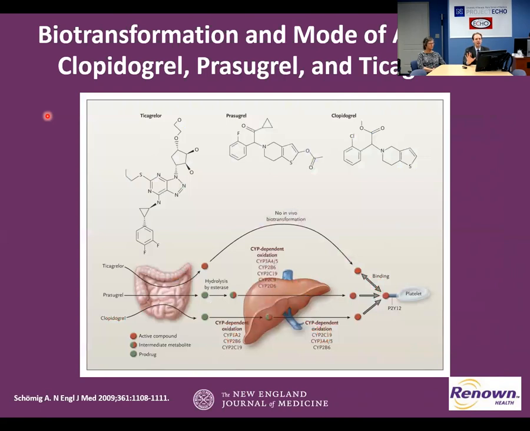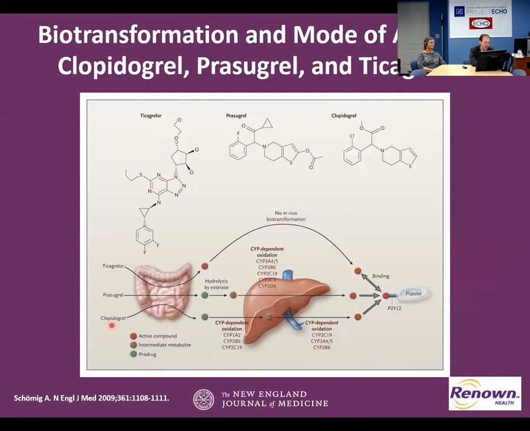So there's three main antiplatelet therapies that we use these days, and those include Plavix or clopidogrel, ticagrelor or Brilinta, and Effient or prasugrel.